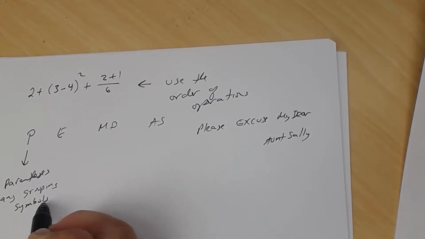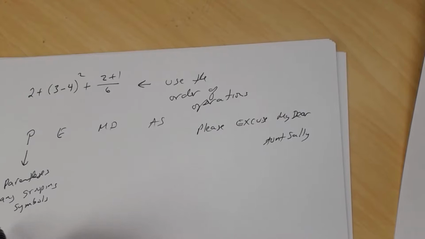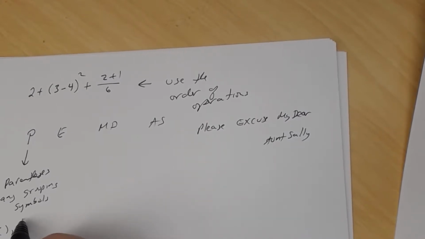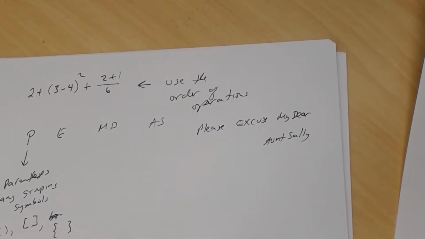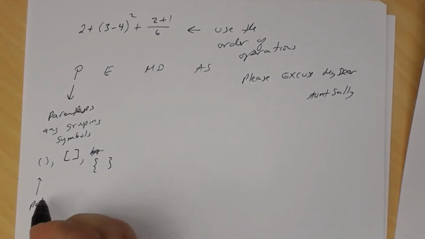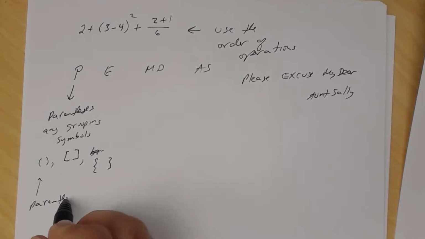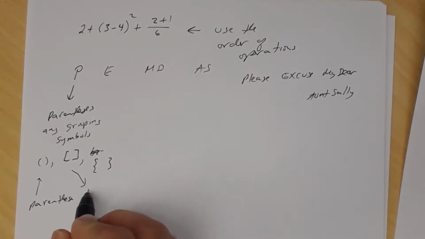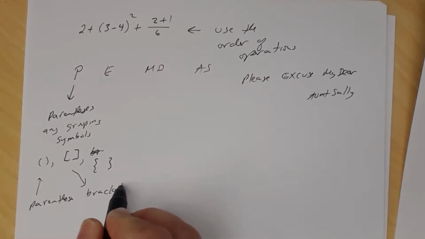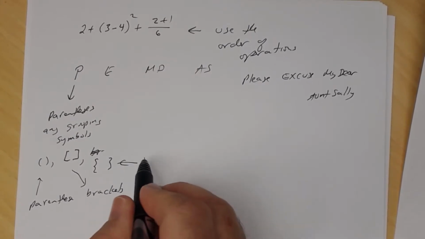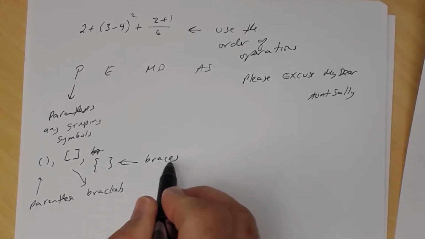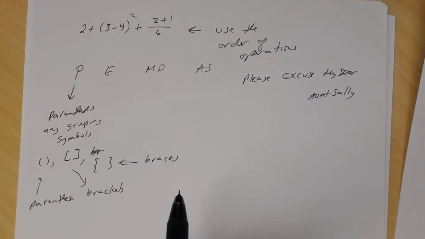The grouping symbols that you would see could be parentheses, brackets, or braces. It looks like this. Those are the more common ones that you would see.